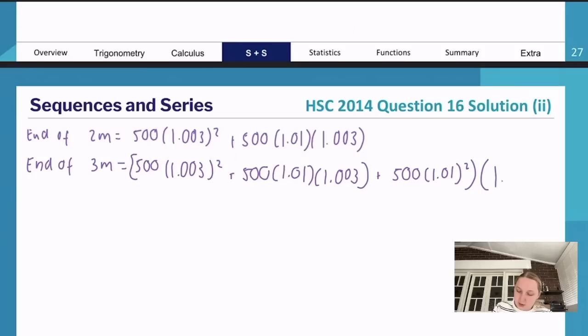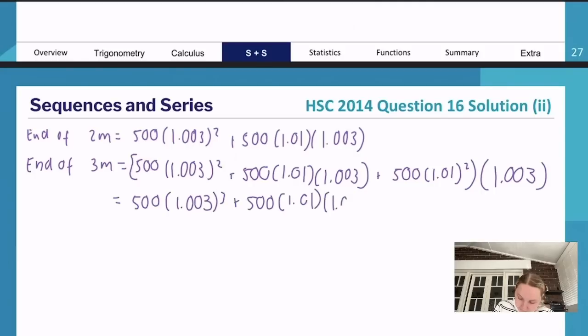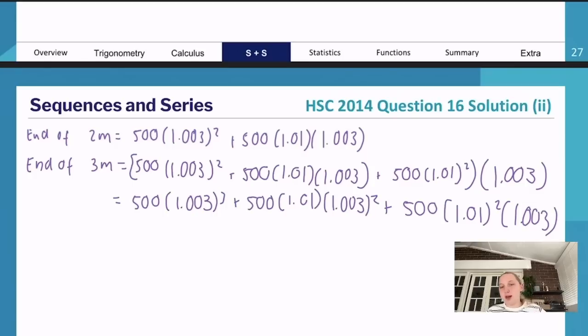And then all of that's going to be times by that. Okay, then we're going to get that out, and then we'll get this. Now, I think a lot of people get a little bit confused with this bit here about why that's squared, but that's because this is the second time we're timesing it again by that 1.01 on the initial $500 deposit.